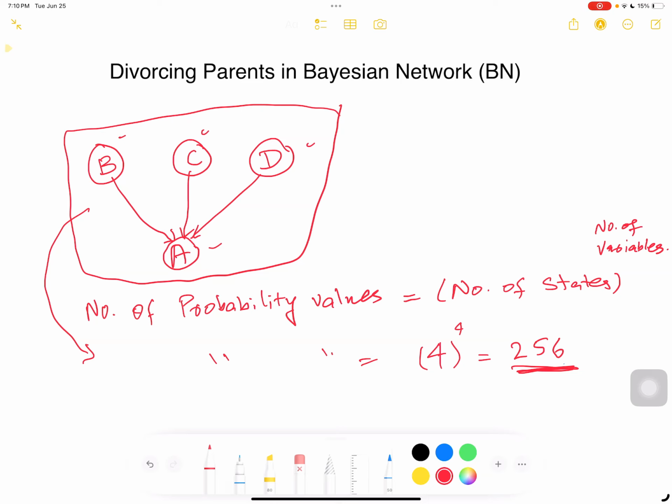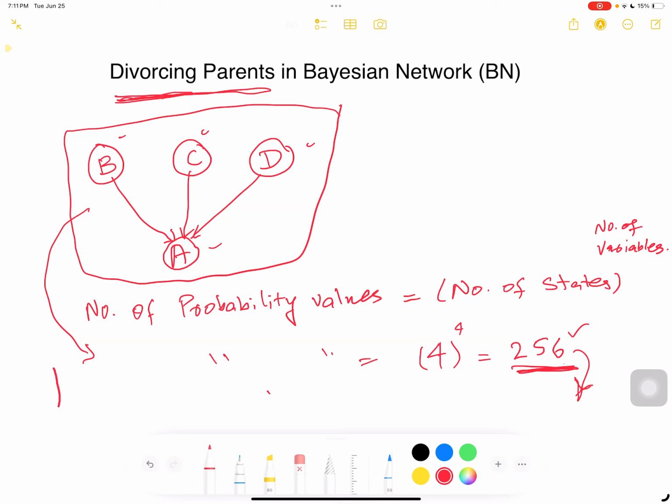So as you can see, this is a very complex thing. It is very hard to get this much data. However, we can use the method of divorcing parents in Bayesian network, and we can reduce the number of probability values. How do we work on that?